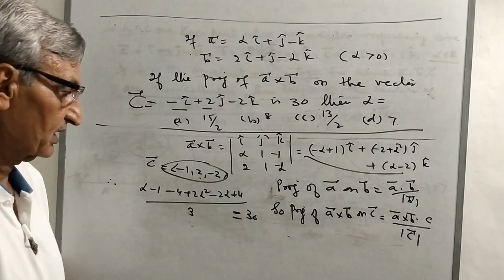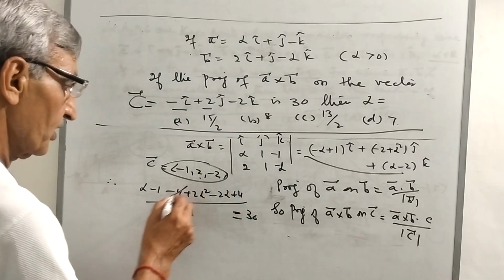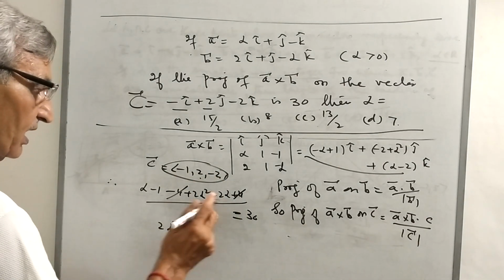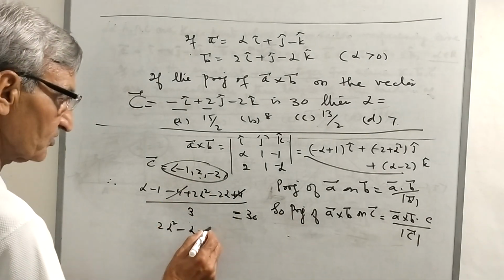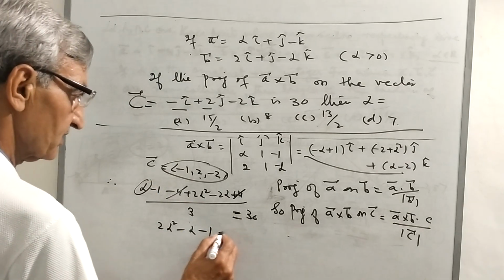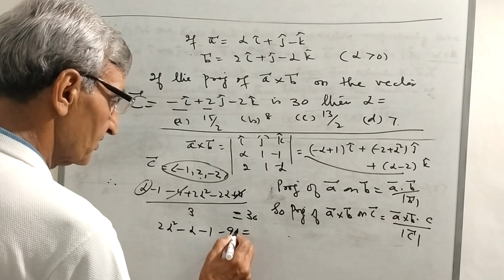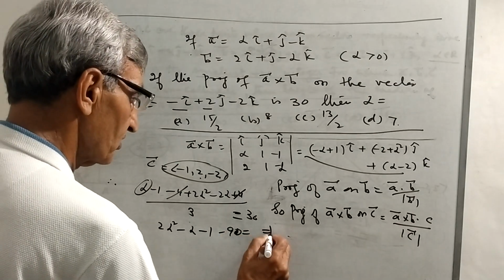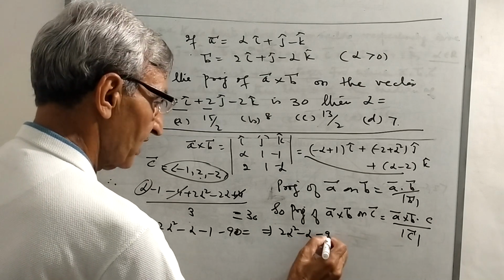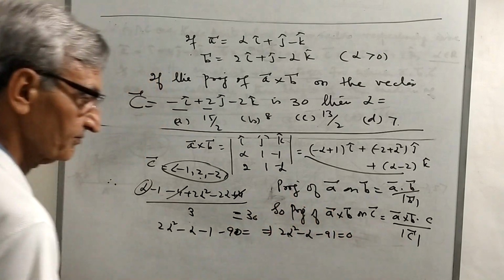So 4 and minus 4 cancel. This gives 2 alpha square minus alpha, and minus 90 is equal to 0. So we have got 2 alpha square minus alpha minus 91 is equal to 0.